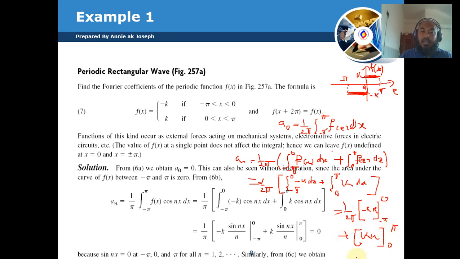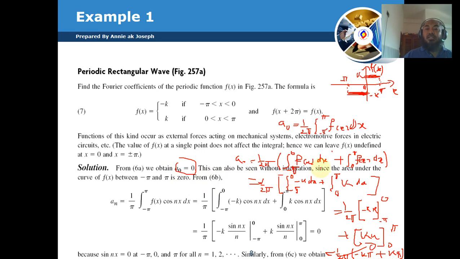So this one will be 0 minus 0, which is 0, but with the minus signs, this becomes minus k pi, and this one gives plus k pi. You see, minus plus plus, so this will be 0. That's why a0 is equal to 0.